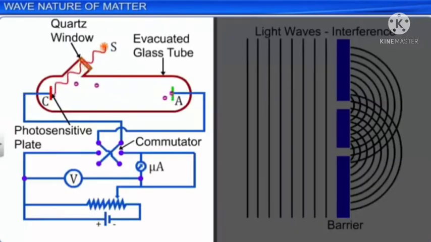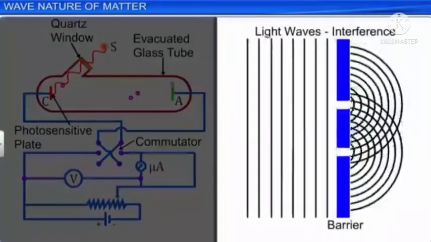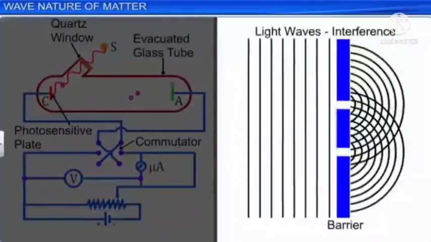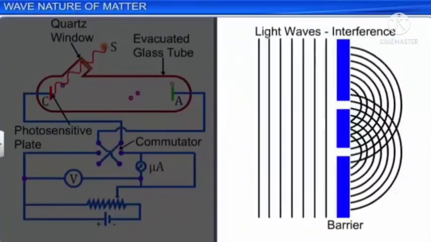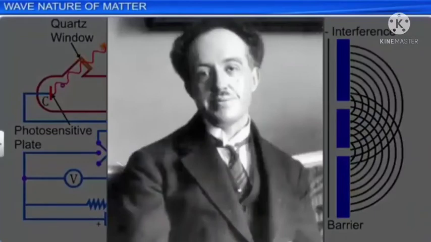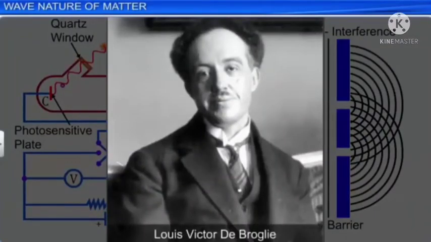The experiment conducted to study the photoelectric effect led us to conclude that radiation behaves as if it were a bunch of particles, while experiments conducted to study the phenomenon of interference showed the wave nature of radiation. This particle-wave nature of radiation was extended to matter by Louis Victor de Broglie.